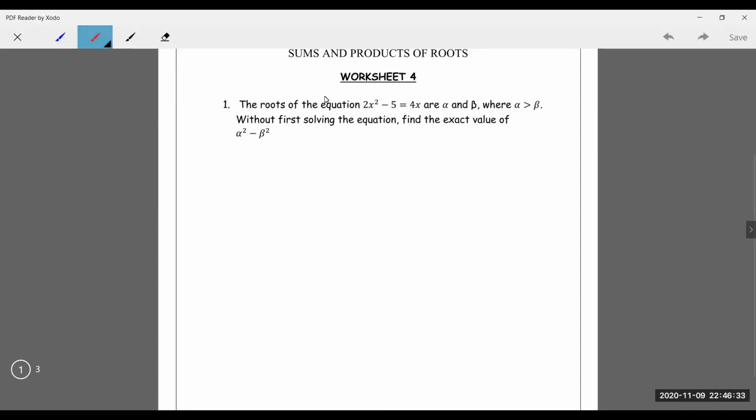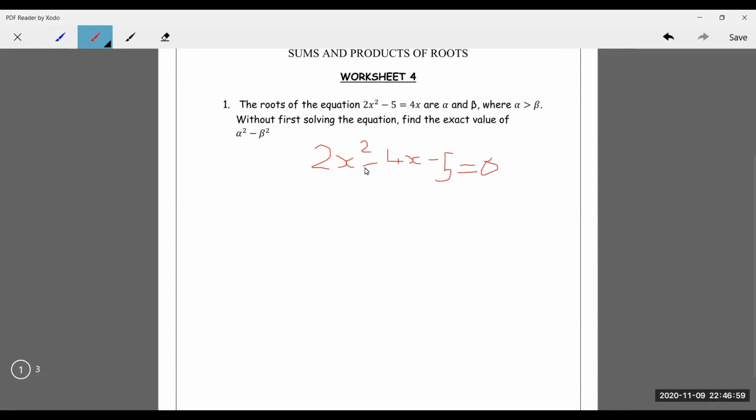So look at this. Now what you have is 2x squared. Put it in its standard form: 2x squared minus 4x minus 5 is equal to 0. This is in its standard form. When it's in its standard form, what do we know?